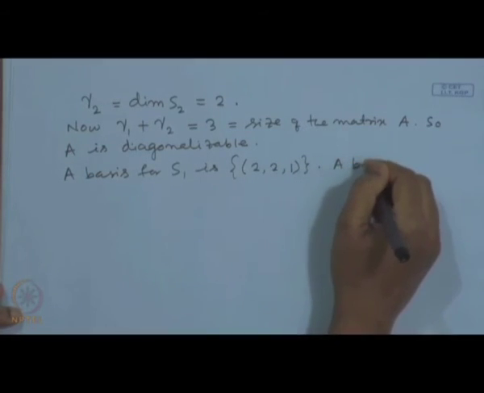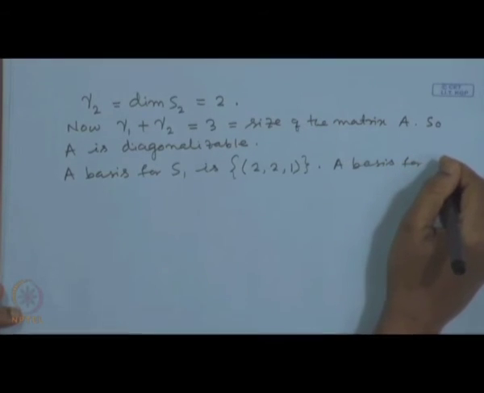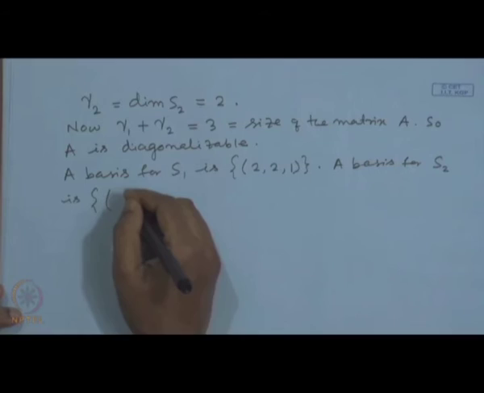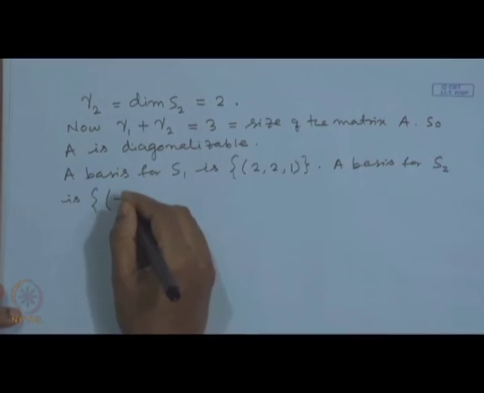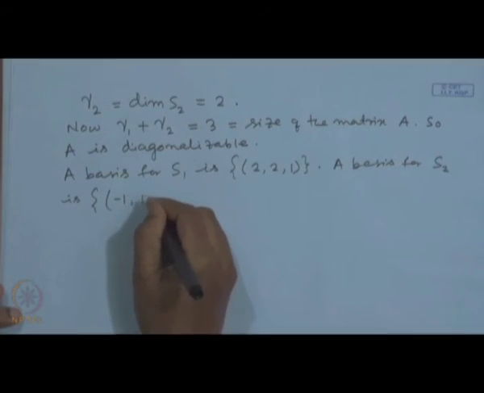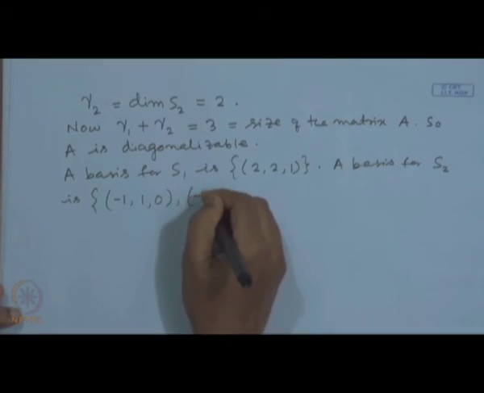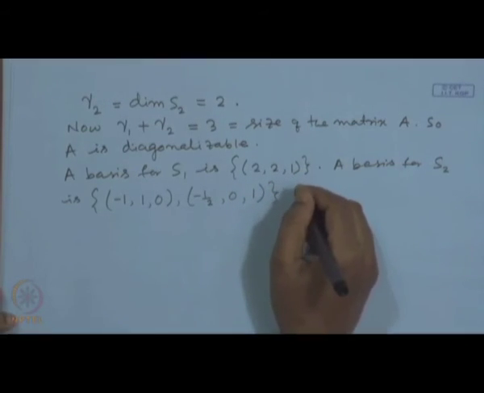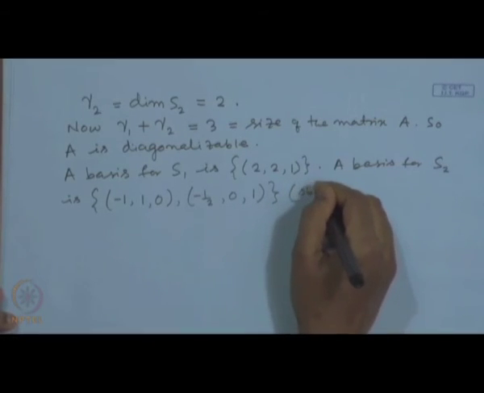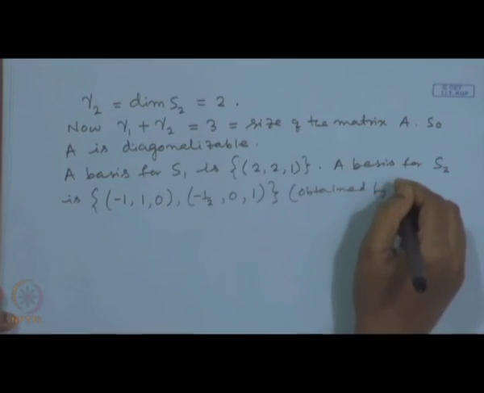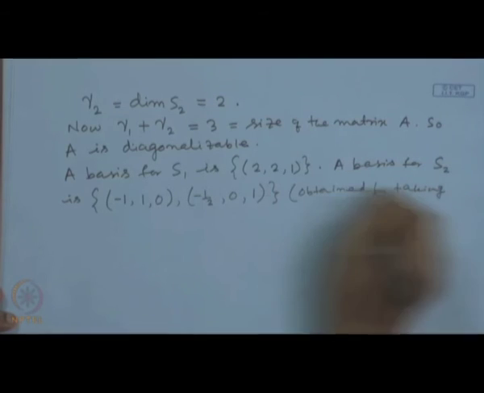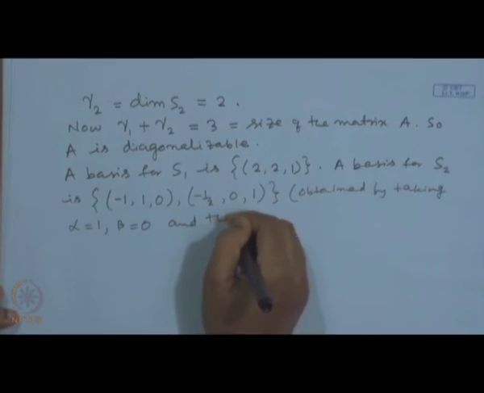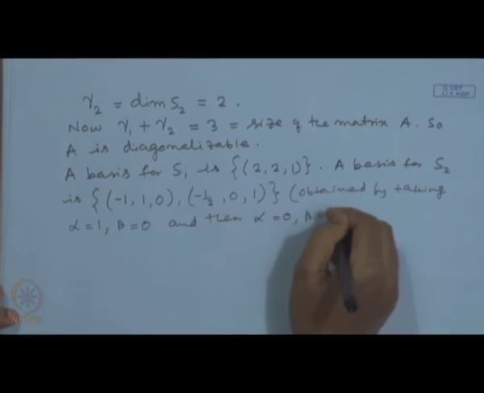Then a basis for S2, its dimension is 2, so it consists of two linearly independent vectors, minus 1, 1, 0 and minus half, 0, 1, that have been obtained by taking alpha equal to 1, beta equal to 0 and then alpha equal to 0, beta equal to 1.